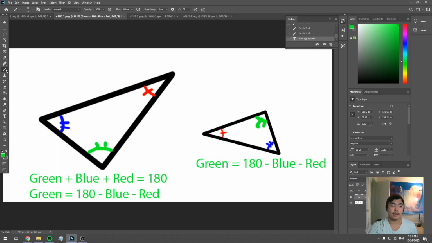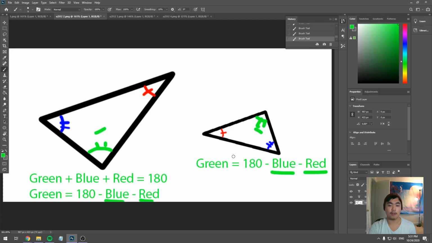Since the red and blue angles are the same in these two equations, that must mean that this green angle and this green angle are actually the same. So what we've just done is we've proven that if two angles of a triangle are the same, the third angle must also be the same. And remember, right? Same shape, different size. Same shape means that they have the same angles, and we figured out that these two triangles have the same angles, so we're good to go.